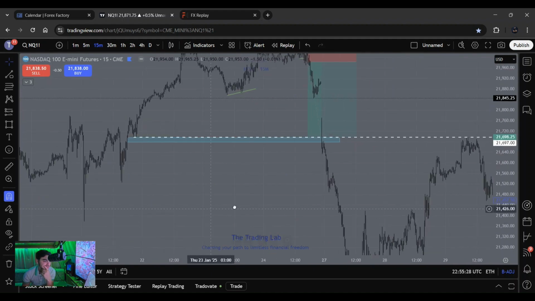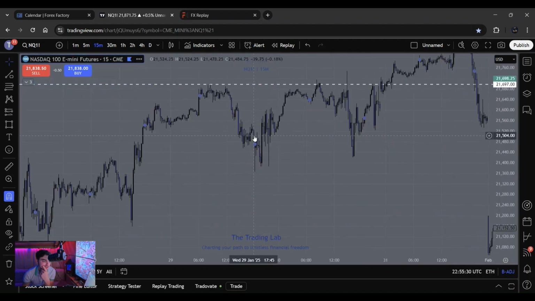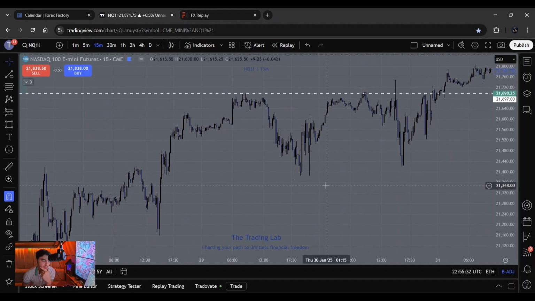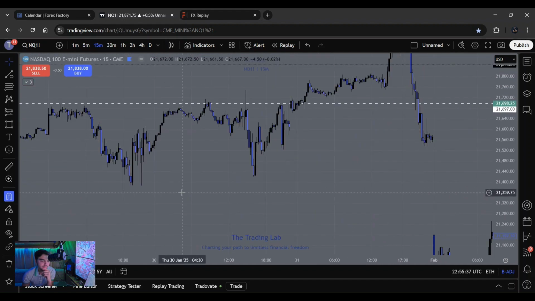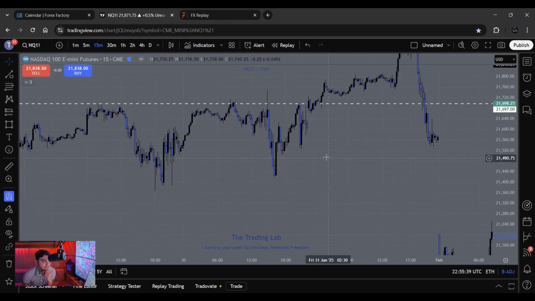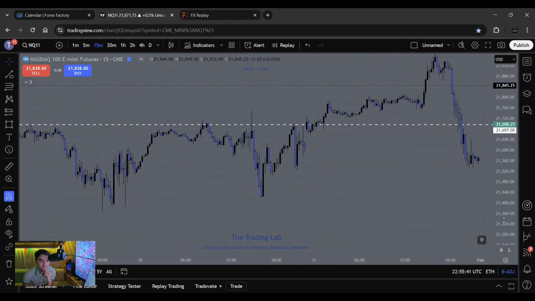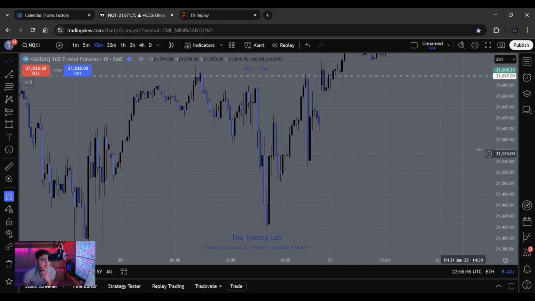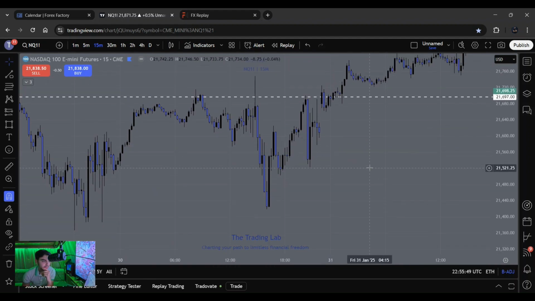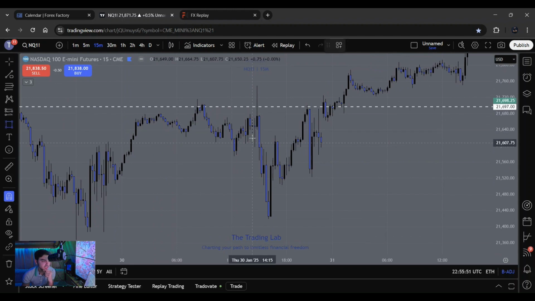Let's have a look at some more. Let's just spam loads of these liquidity sweeps. Here's another example of price seeking fair value gaps. So what we see is price comes into this fair value gap, and then what do we see?